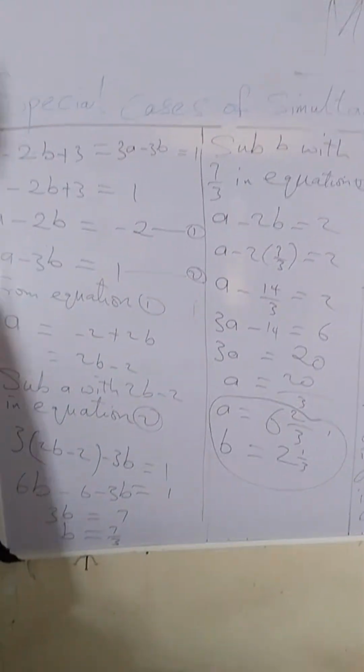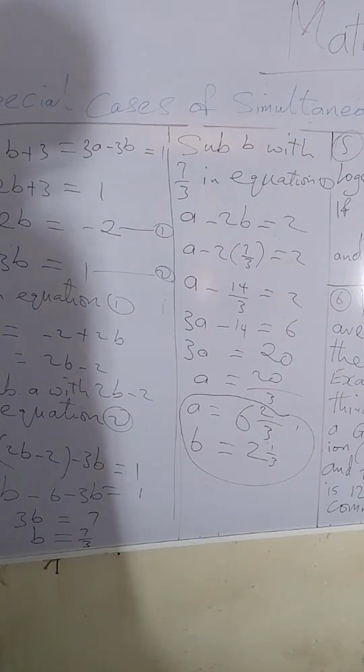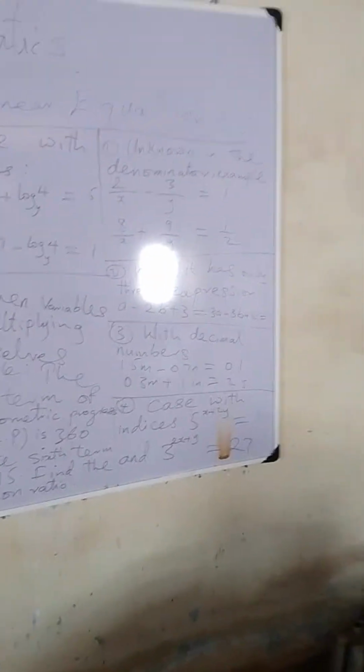This time around, we are going to bring a particular one again, which is case number 3. I'm going to show you what to do here and allow you to do it.